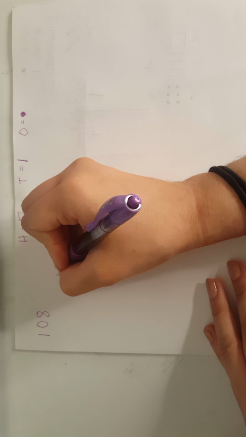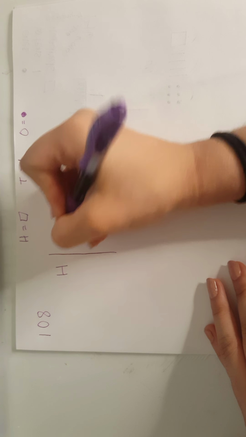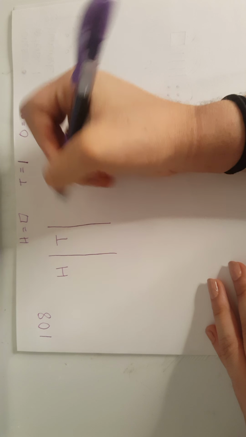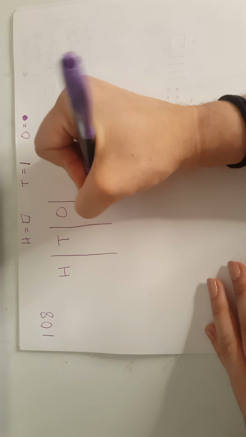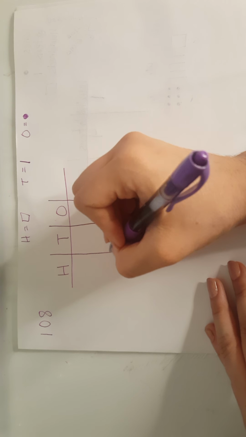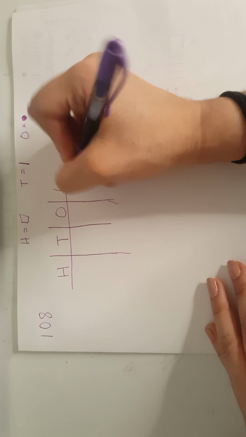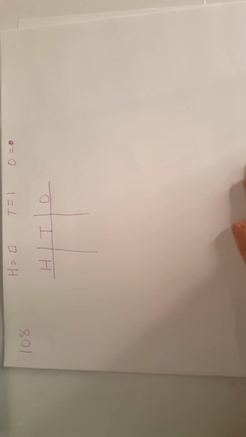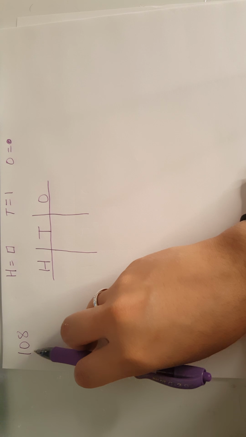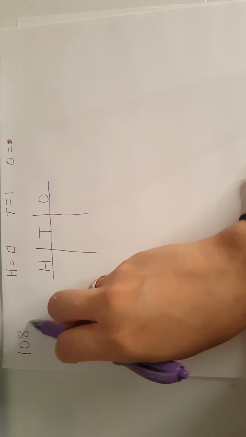We're going to abbreviate. We'll do the H for hundreds, the T for tens, and the O for ones. So this is our number 108.